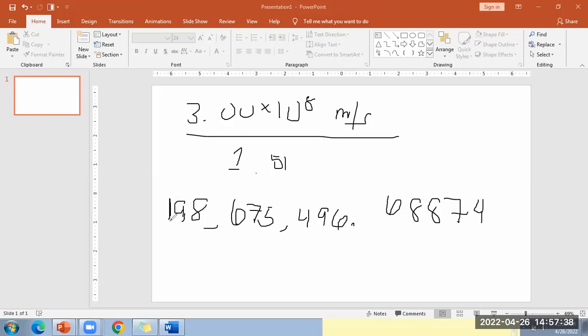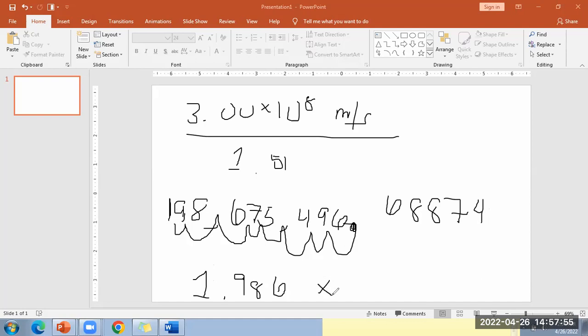Dito tayo magsisimula, bilangin lang natin, 1, 2, 3, 4, 5, 6, 7, 8 hanggang doon sa decimal places niya. Kaya nakuha natin is 1.98 times 10 raised to 8 meters per second. So that's the speed of light ng chloroform, using V is C over N. Nakuha po ba?